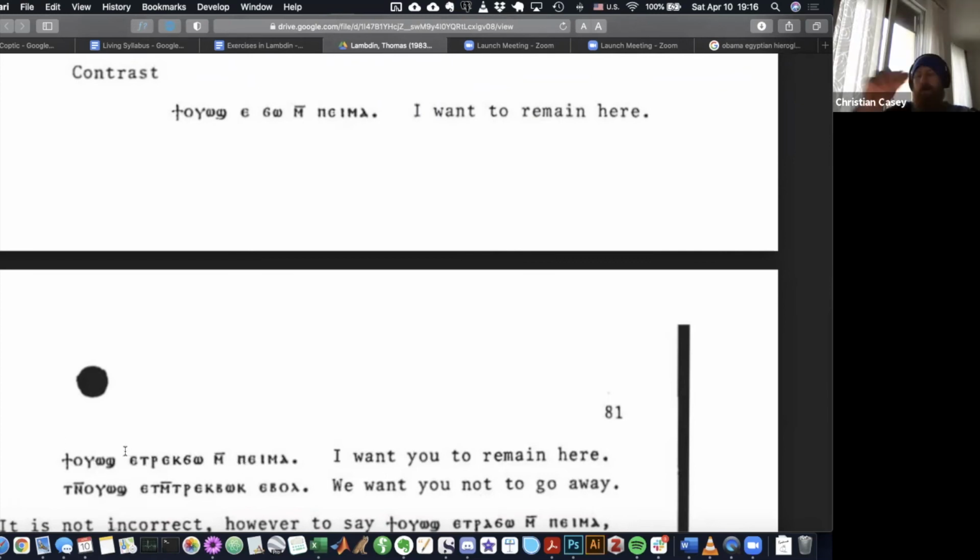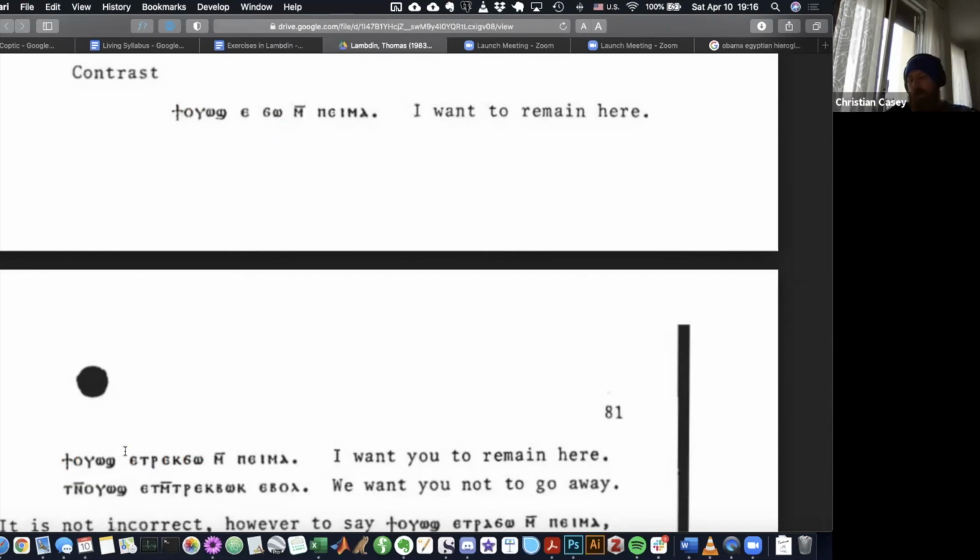It's a way of expressing this result-type construction, but with a different subject from the main verb. These express the same thing, but here there's no subject whatsoever. It's just the bare infinitive, so it just copies that. Here there actually is one, and it requires this construction to get it in there. So there are two different ways of constructing the same thing.